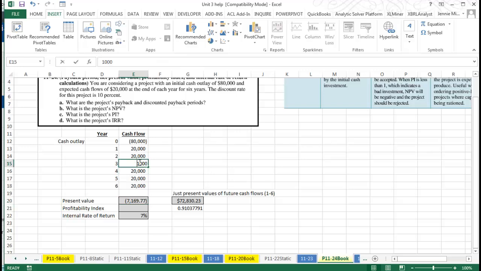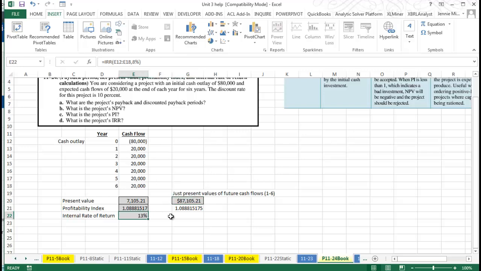Now if I put this back in here, I can recalculate this the way I had explained: I just take the 80,000 and add the present value number that I had up here, and then I divide that by the 80,000, and that gives me the index. Or you can do it this way, where you calculate the present value of the future cash flows, and then you just divide it by that cash outlay.